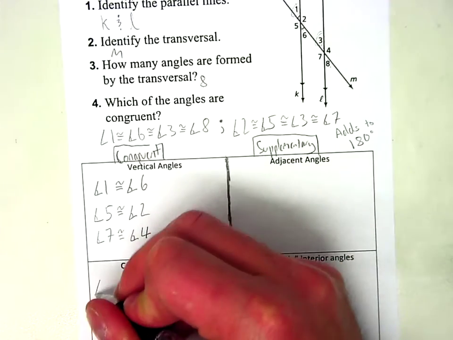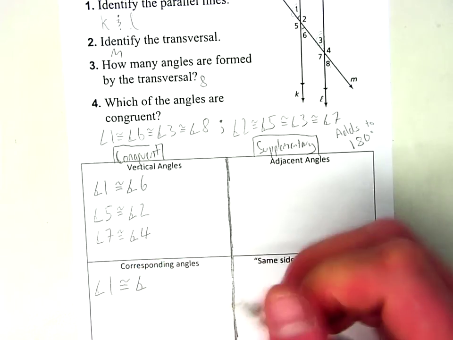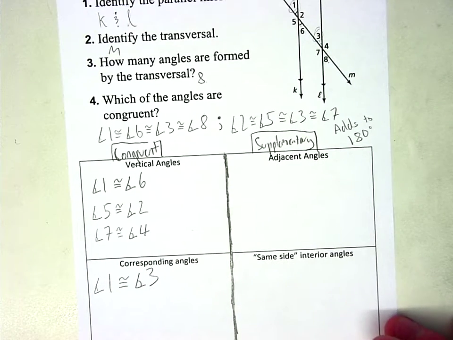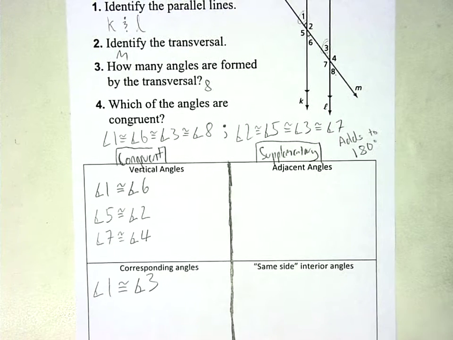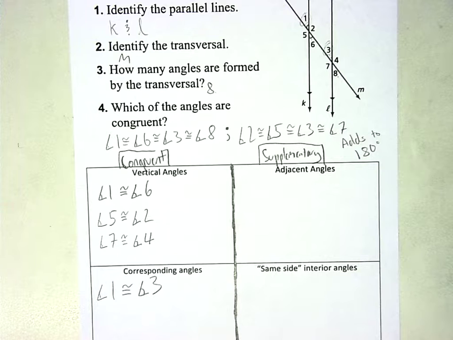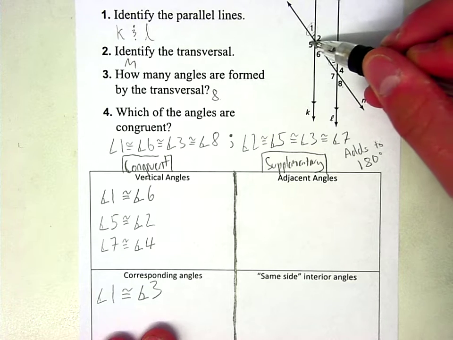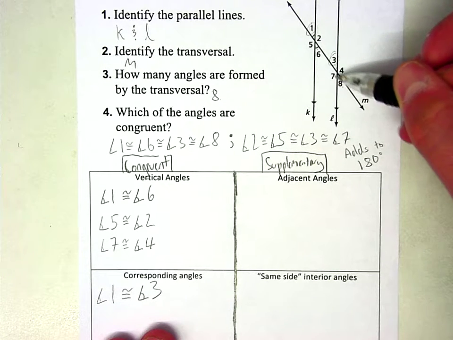So I'm going to come down here. I'm going to say angle 1 is congruent to angle 3 in this case. And anyone willing to point out another set of corresponding angles for us? Go ahead, McKenna. Okay, angle 5 and angle 7, yeah, those are both in the bottom left corner.